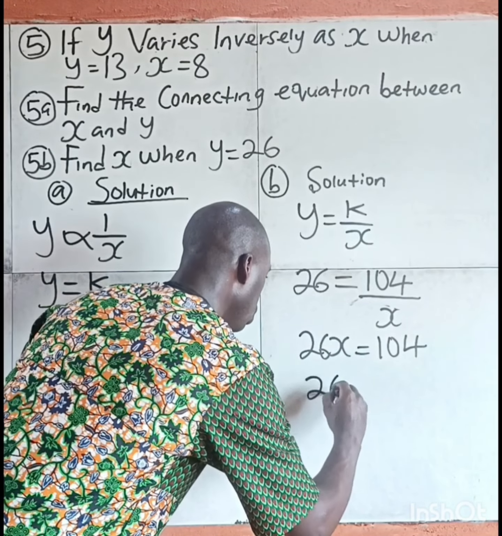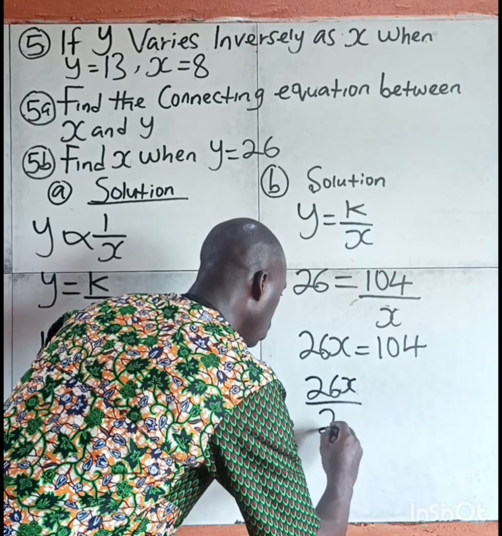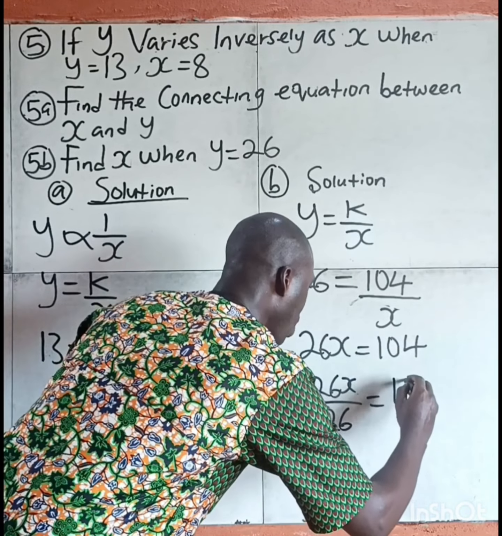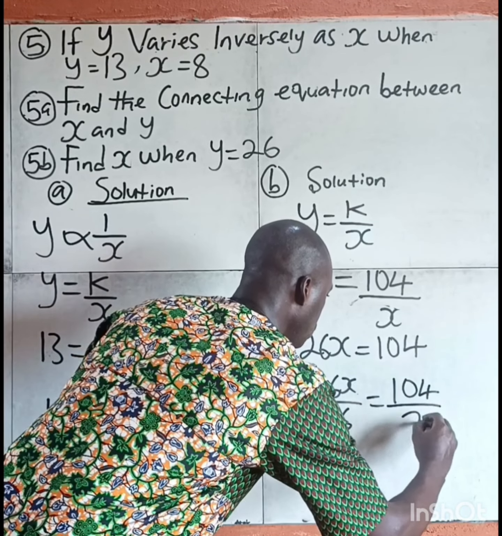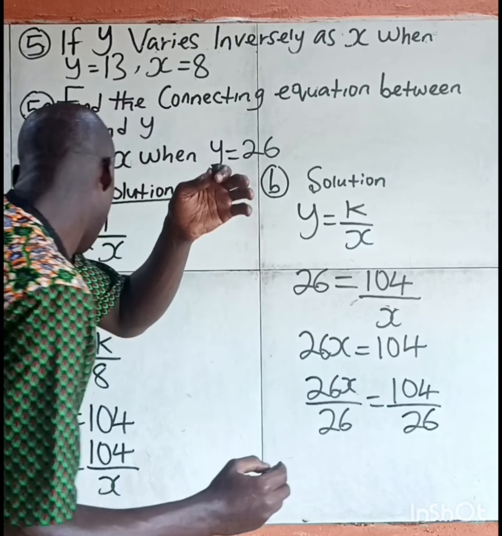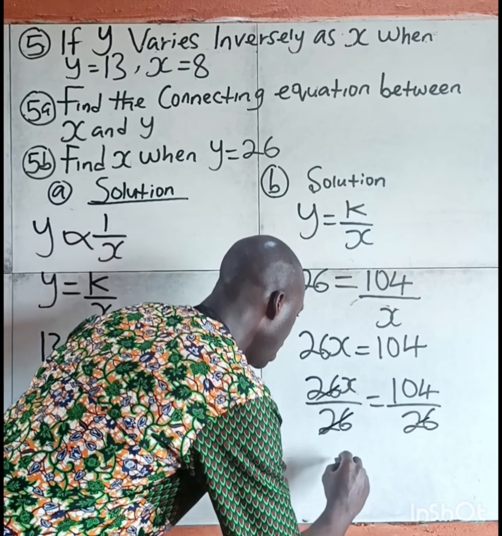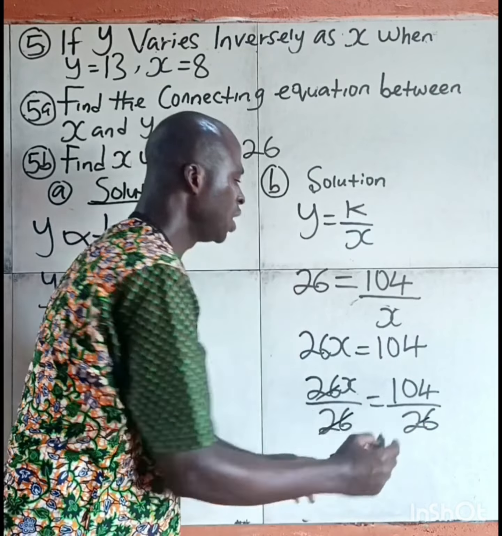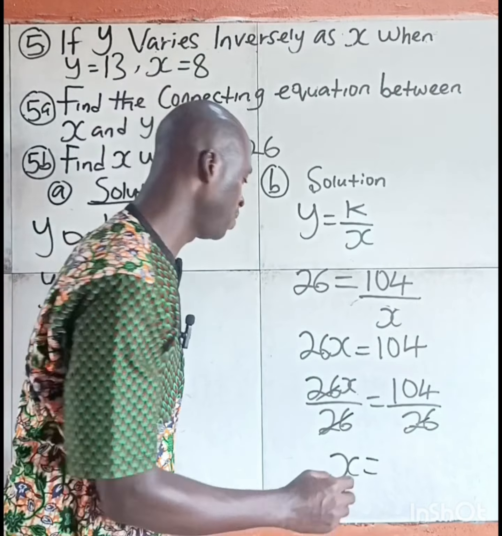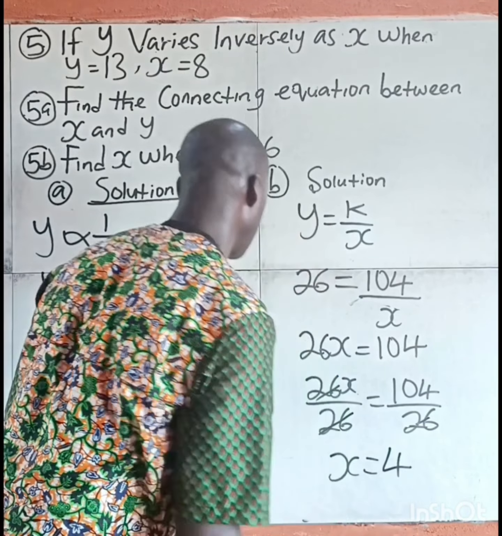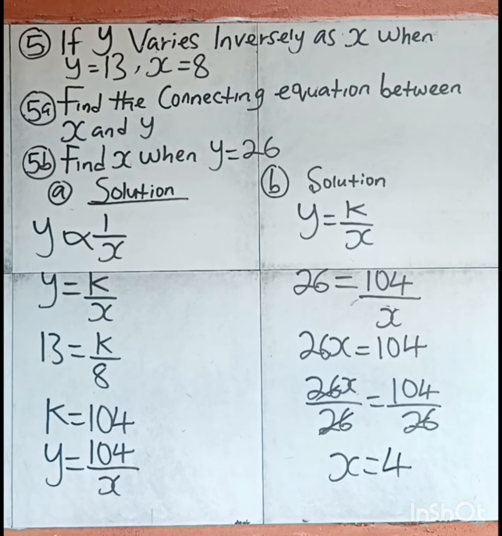So it becomes 26x divided by 26 equal to 104 divided by 26. So you can clearly see how it is done. And if you cancel that, we are going to have x equal to, if 26 should go into 104, I'm simply going to have 4 as my answer. And this becomes the solution to question 5b.